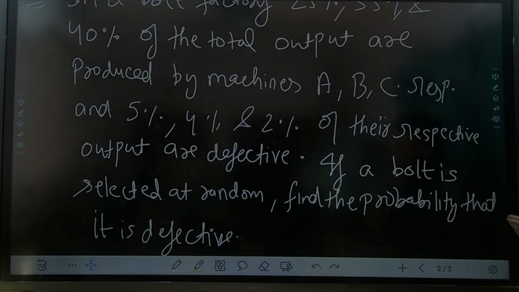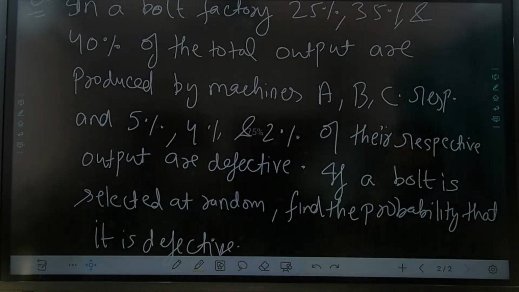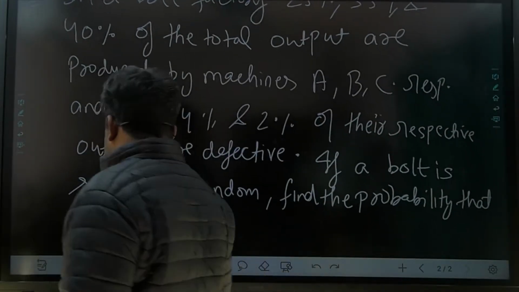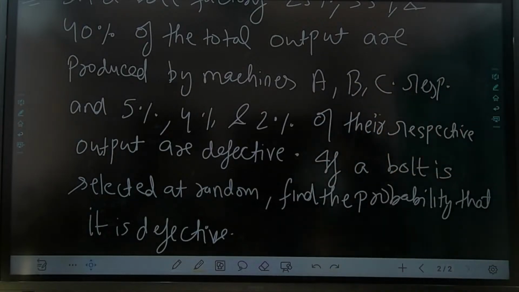So in a bolt factory, 25%, 35%, 40% of the total output are produced by machines A, B, C respectively, and 5%, 4%, 2% of the respective output are defective. If a bolt is selected at random, find the probability that it is defective. Just note this down; tomorrow we'll solve this, and after that we'll take Bayes theorem and all.